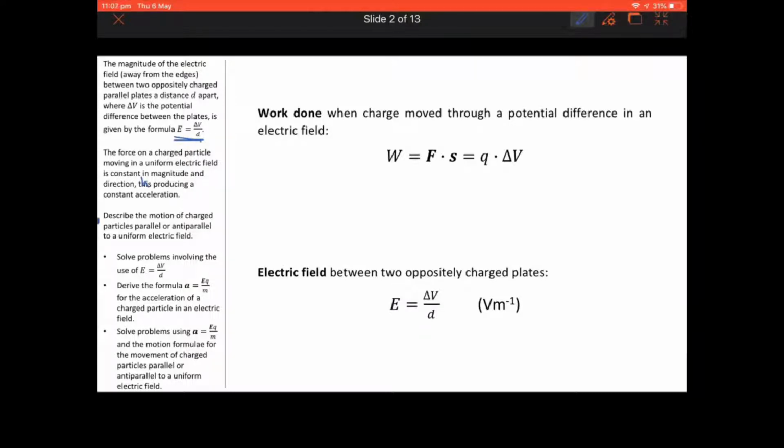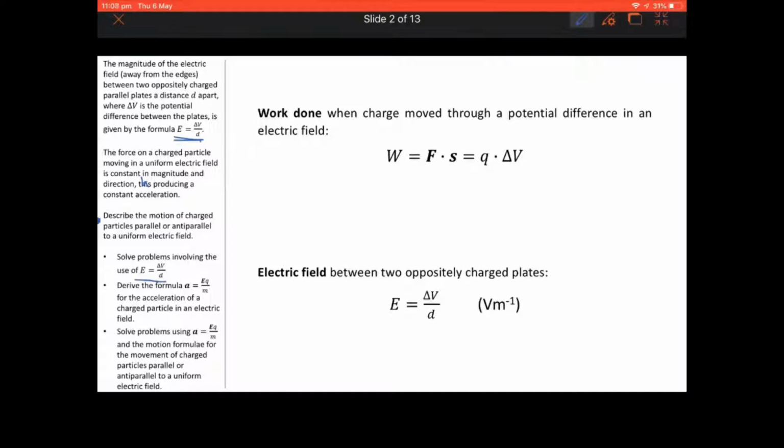In Stage 2 Physics, you'll be expected to be able to describe the motion of charged particles parallel or anti-parallel to a uniform electric field. You'll need to be able to solve problems involving the use of this formula for the magnitude of electric field.